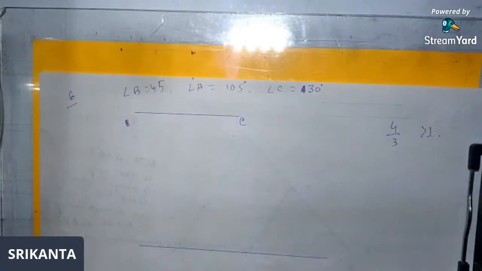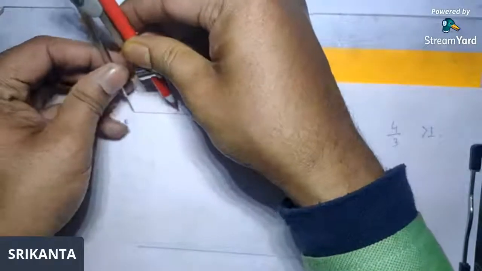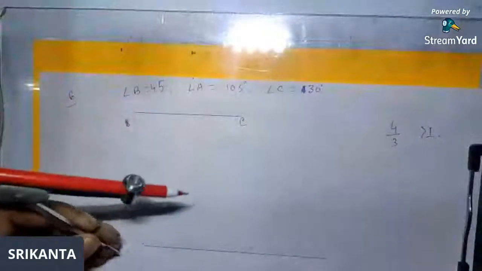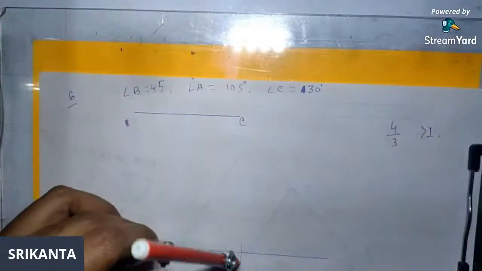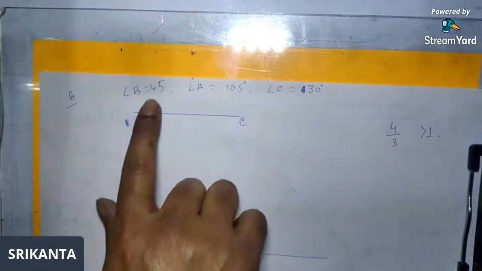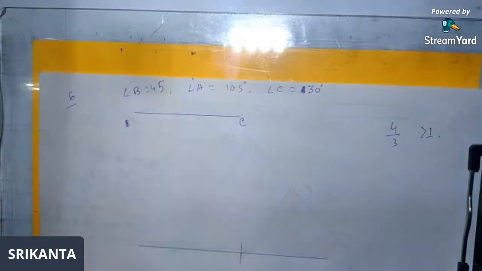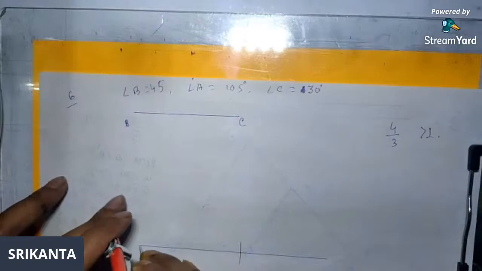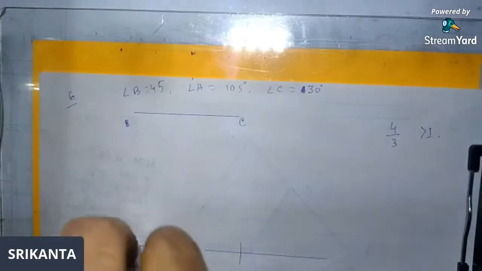So measure BC. The angle B is 45 degree, right? So we are going to draw it directly.